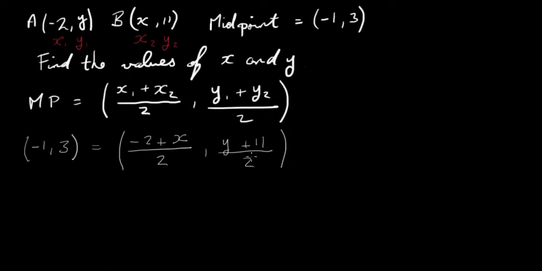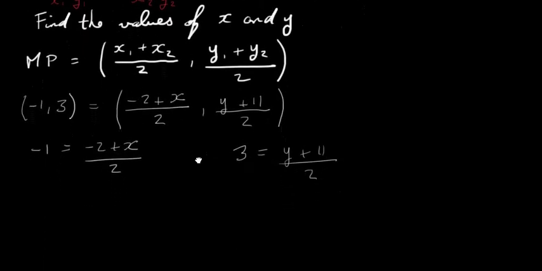So I can write down minus 1 is equal to minus 2 plus x over 2, and I can solve this for x. And also 3 is equal to y plus 11 over 2. If we solve these, we can work out what x and y are.